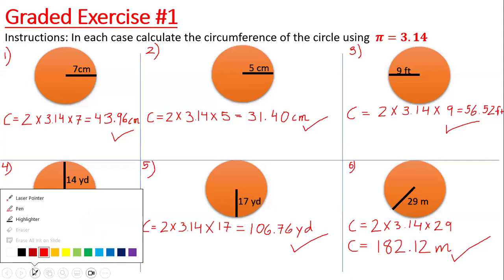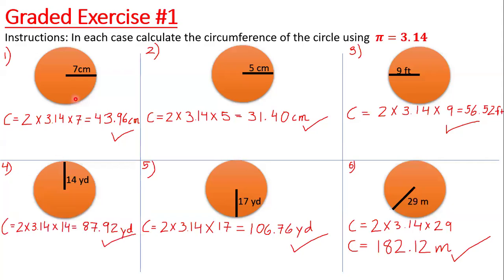So as you can see, again, you're not writing this down. Maybe you can take a screenshot of it if you need it. I would recommend that you take a screenshot of this because it's going to be very helpful when you take the quiz. But you don't have to write this down. So basically, all we're doing is 2 times 3.14 times 7 because 7 is the radius. Notice that the radius is flat here.